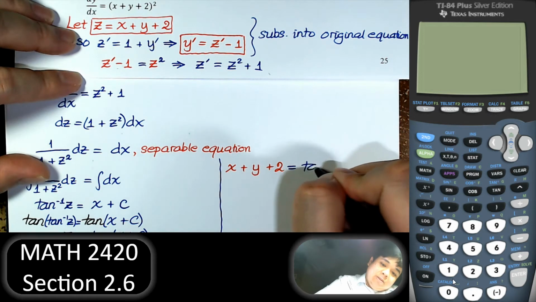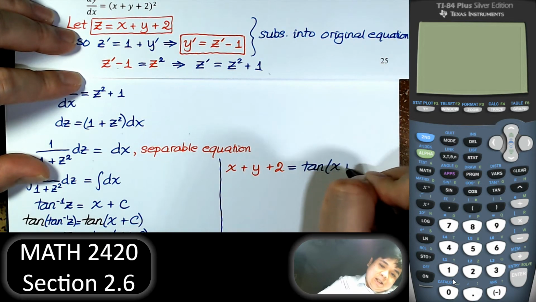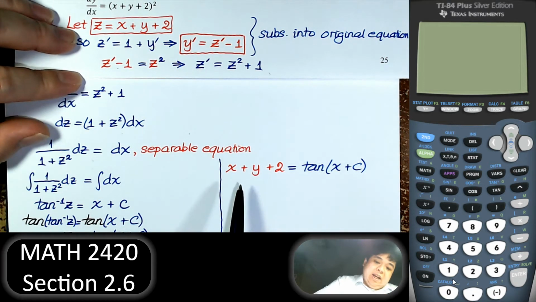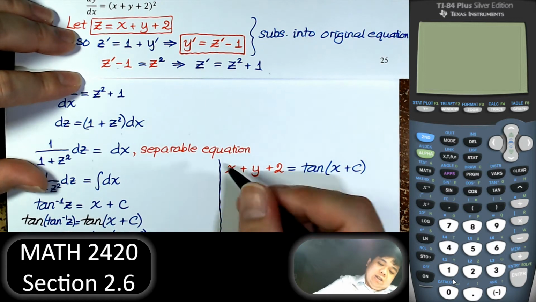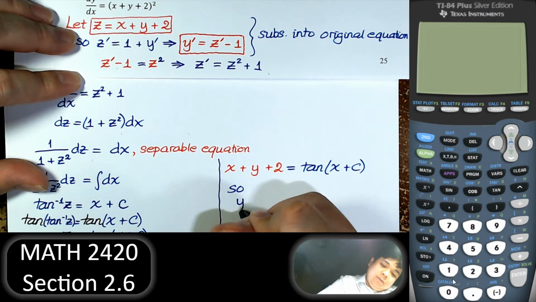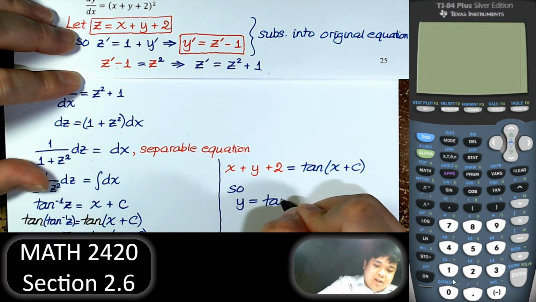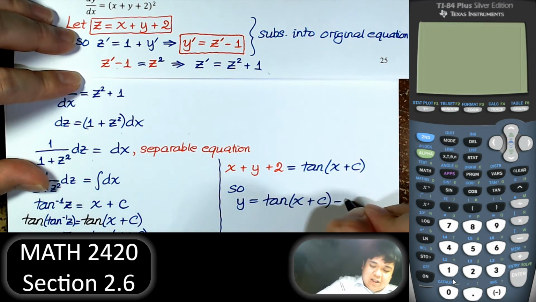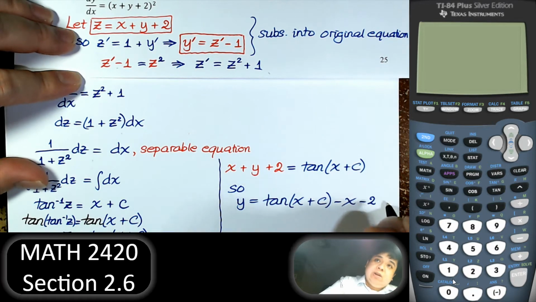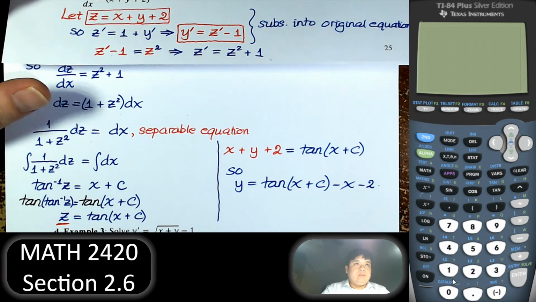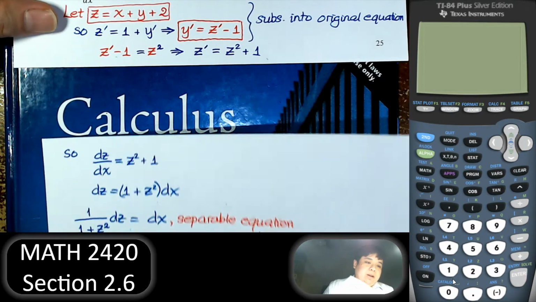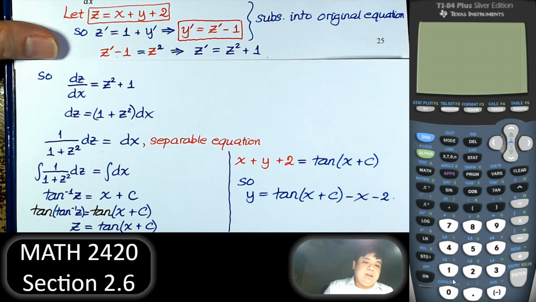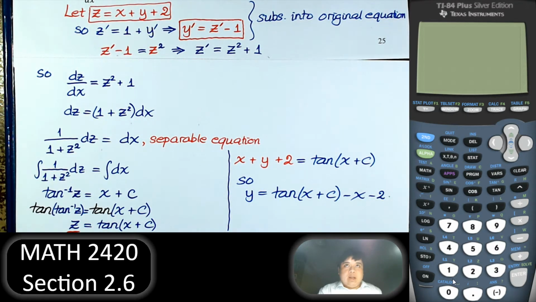So we have tangent of x plus c. And if we solve for y, we have tangent of x plus c minus x minus 2. Right. Yeah. So that's what we have.